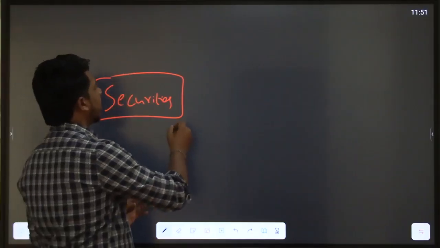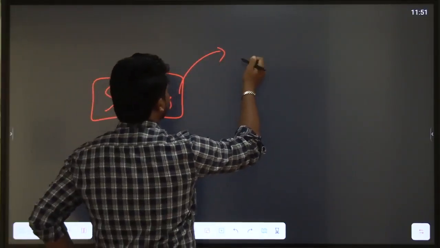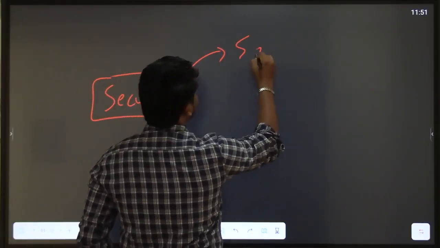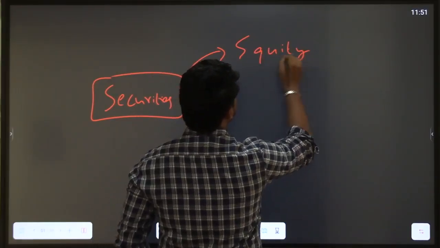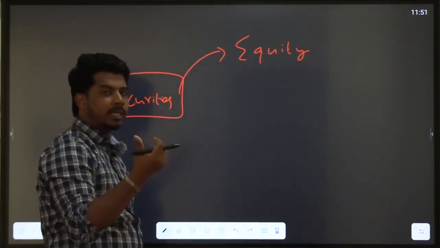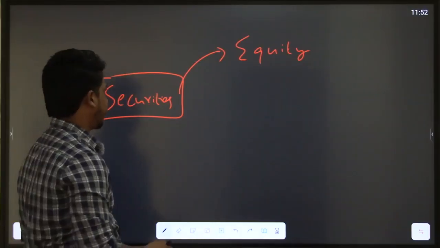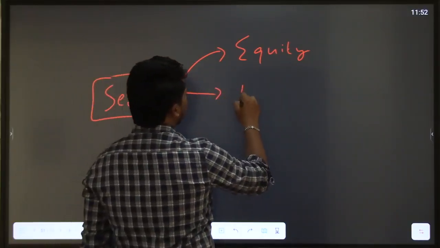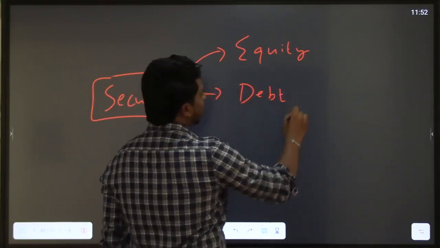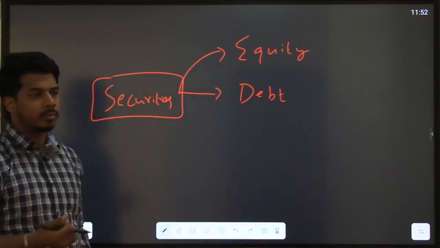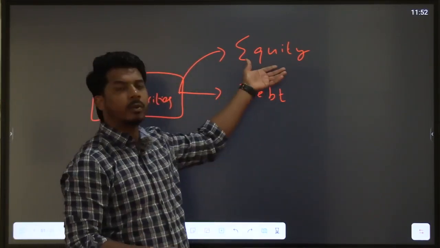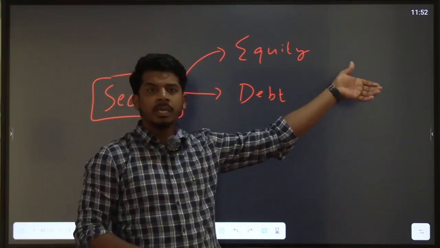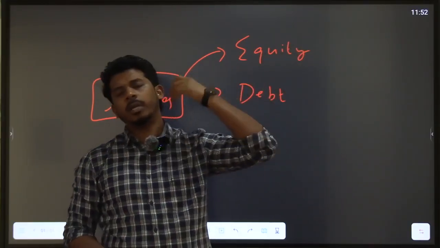So in the securities market, broadly you will deal with equity, which is the ownership in a company. Equity means ownership rights in a company in return for money. Then you will have debt. Debt means loans, just giving a loan. I am not an owner. If you are an owner and the company earns too much, you will earn too much.